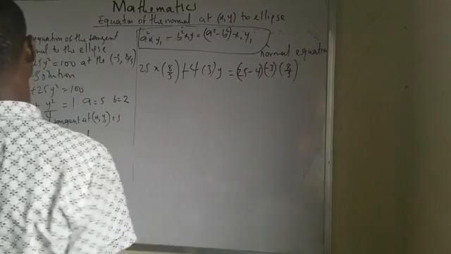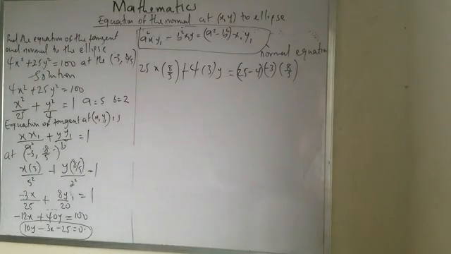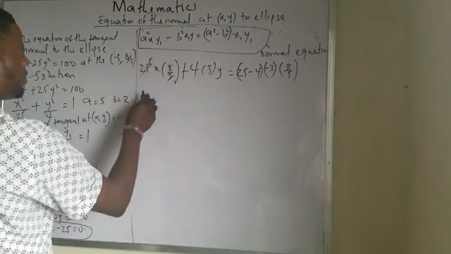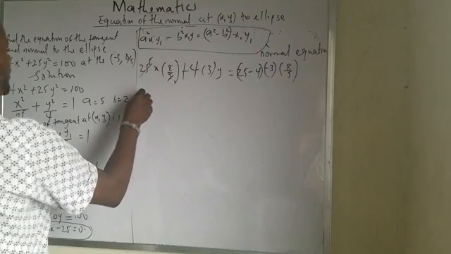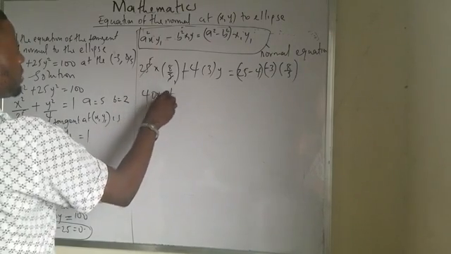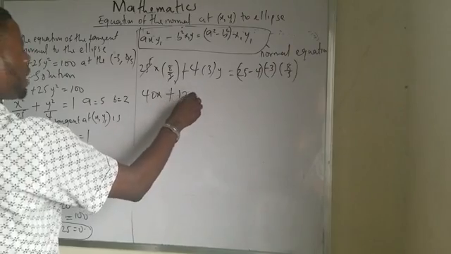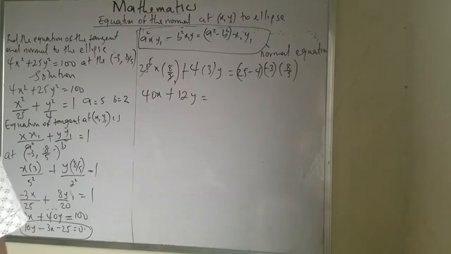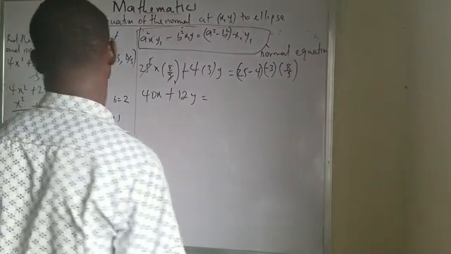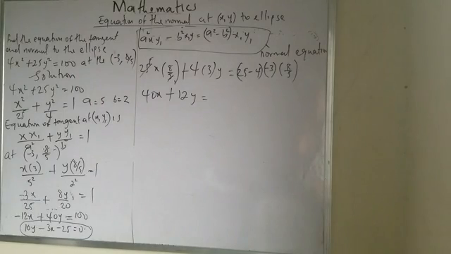By so doing that, everything we need is already available, which I can say that here 1, here 5, 8 times that will be 40. And we have 40x. This one will be 12y equals 40 times, this 21, 20 something, that'll be 24.